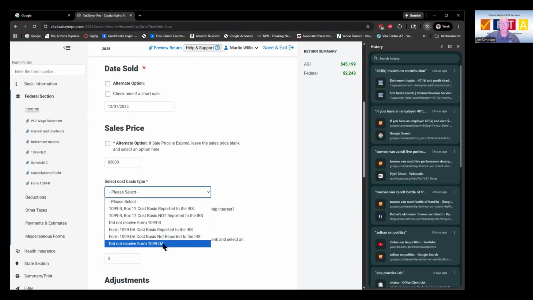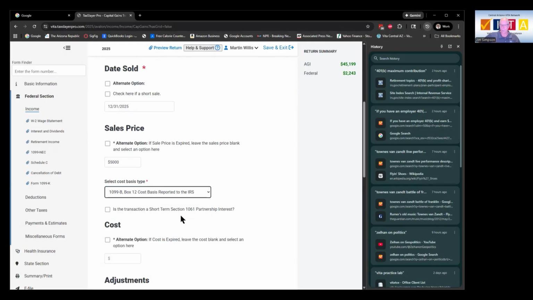I forget if it's 2025 or 2026. I'm thinking it's 2026. But first of all, remember if it's digital assets, it's out of scope. So you're not going to need to worry about this. This just caught my eye right here. What's important, we need to know whether the basis was reported or not reported. In this case, I'm going to say the basis was reported. Okay?